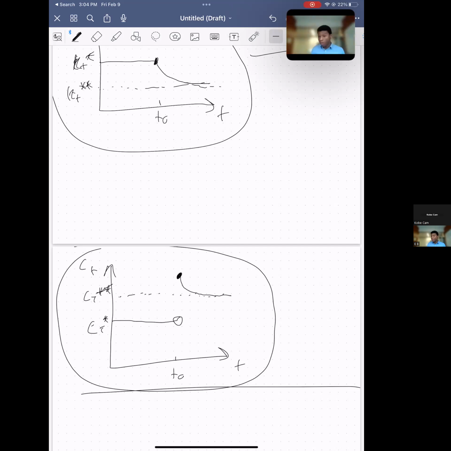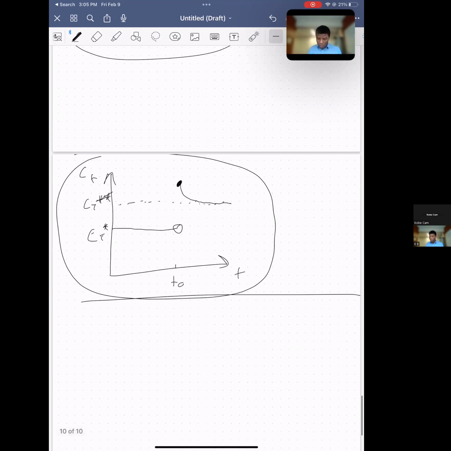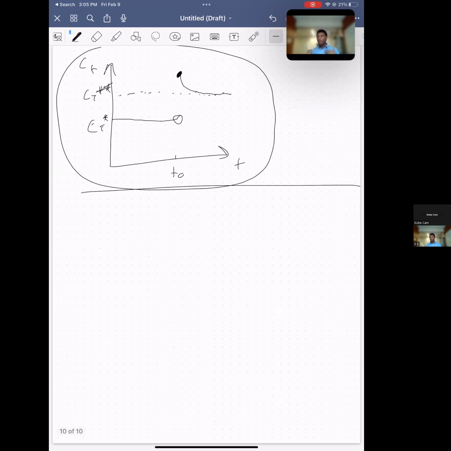Even worse, even in the present state, we were consuming less than we could as well, because we could just reduce our savings rate even below this point too, and we'd still be consuming more than we are right now. So the way this problem wants you to think is in terms of two different time periods, the future and now.